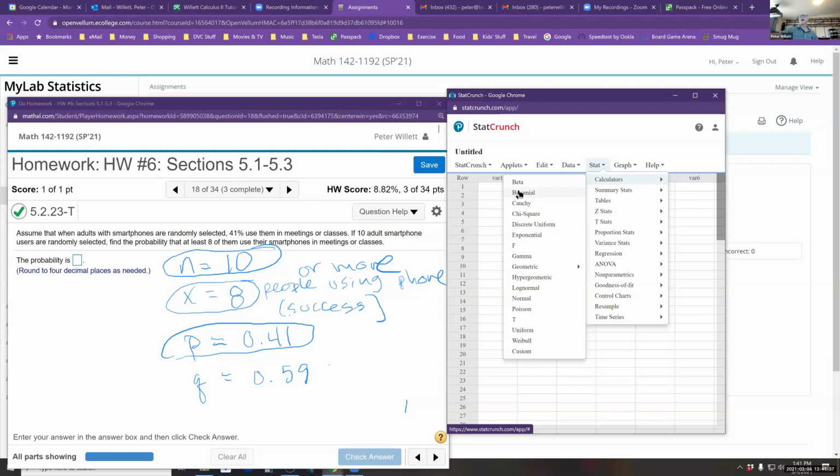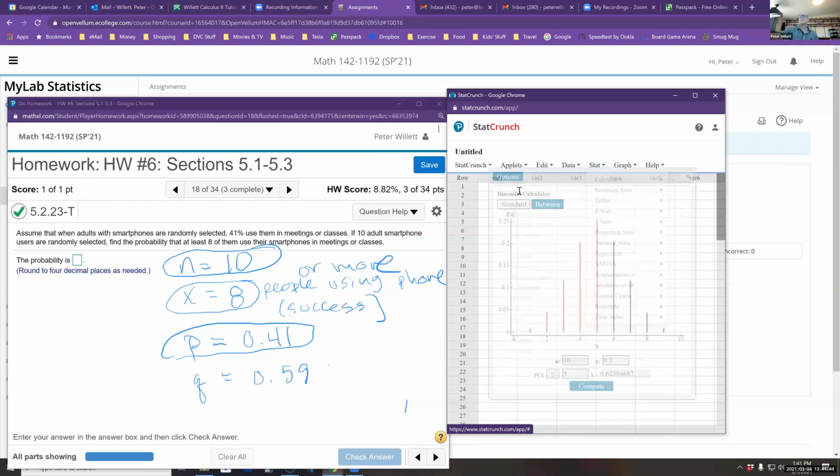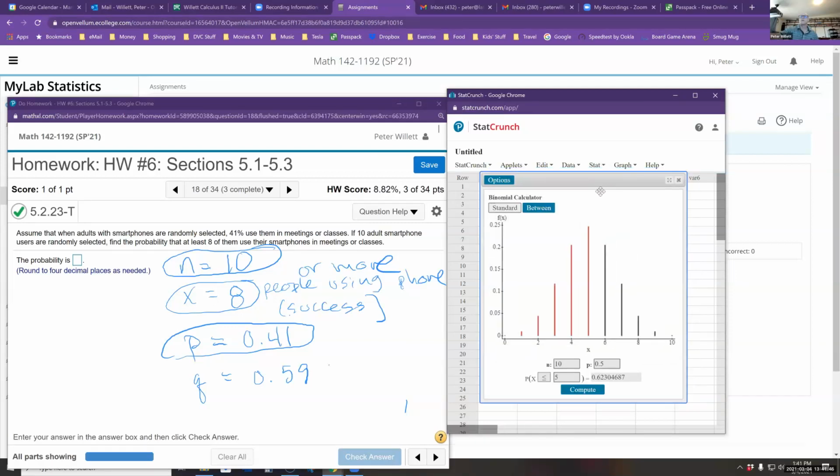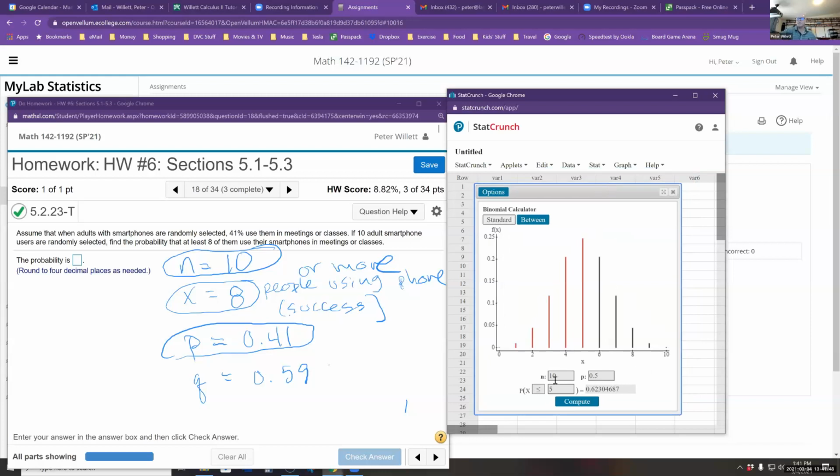So we want to go to Stat, Calculators, Binomial, and look at the binomial distribution calculator. So this is it. It has 5 little windows, and basically 4 of them have numbers in them. If we fill in the values for any 3 of those 4 and hit compute, it will fill in the 4th one for us.